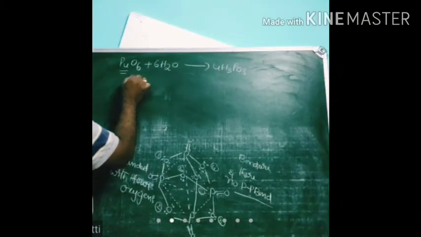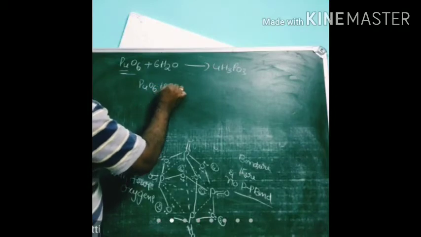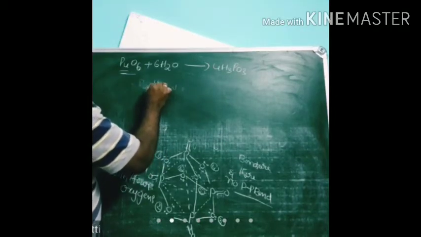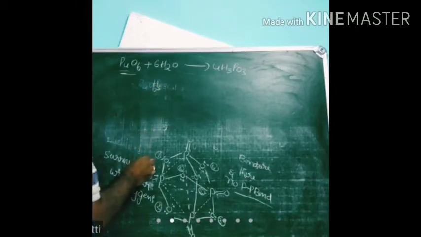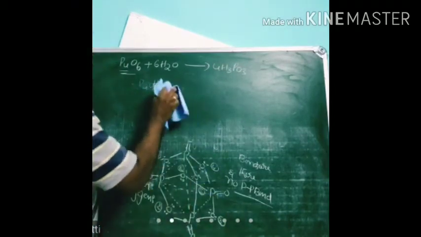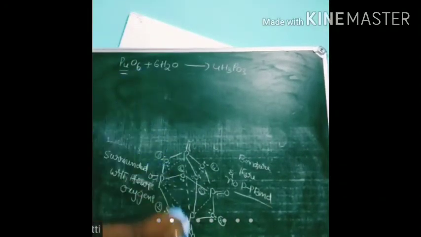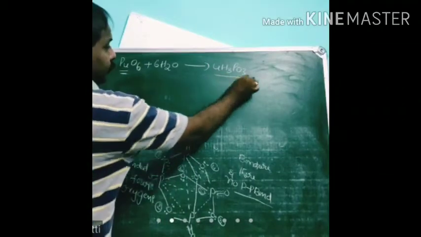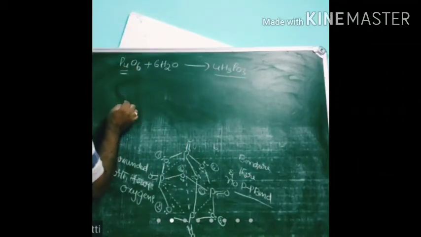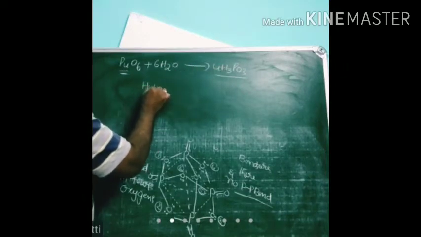We call P4O6 the anhydride of H3PO3, right?